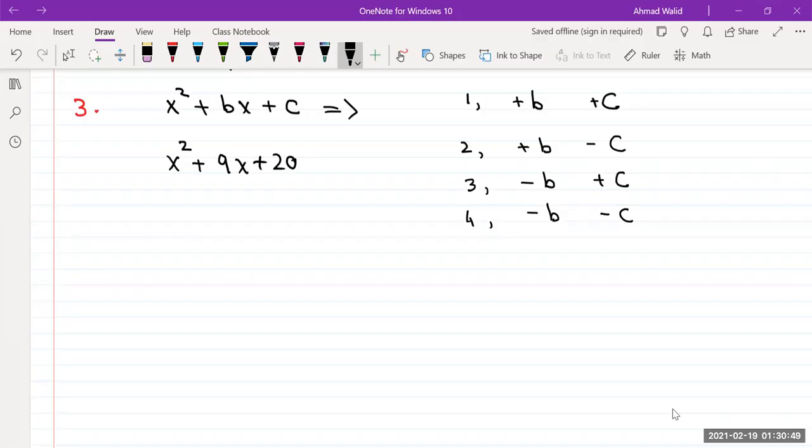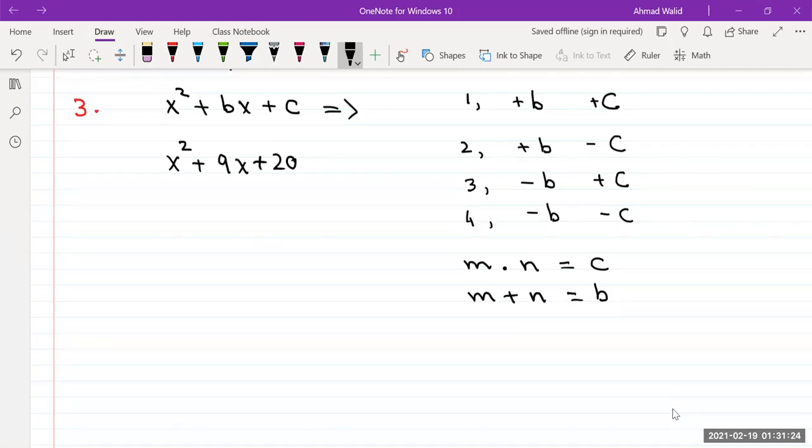Now, how to factor? In this type of factoring, always find 2 numbers that, if you multiply them, give you C, and if you add them or combine them, even not adding, because sometimes you subtract, if you combine them, it should give you B. Correct?